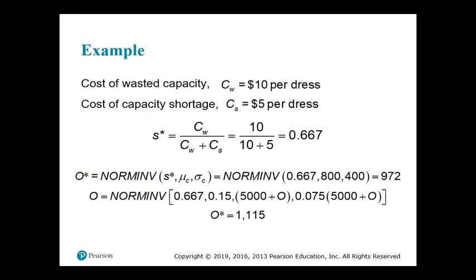And then from this S star, based on the assumption made, if we assume cancellation is independent of the initial booking level, then O star can be simply found by using the norm inverse function. Say mu C is 800 and sigma C is 400.